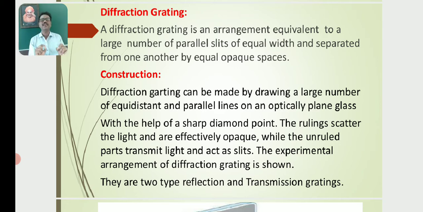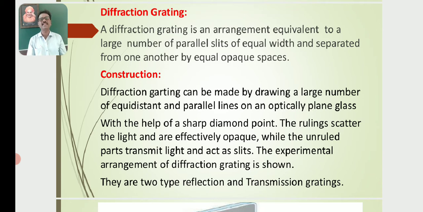A diffraction grating can be made by drawing a large number of equidistant and parallel lines on an optically plane glass with the help of a sharp diamond point.